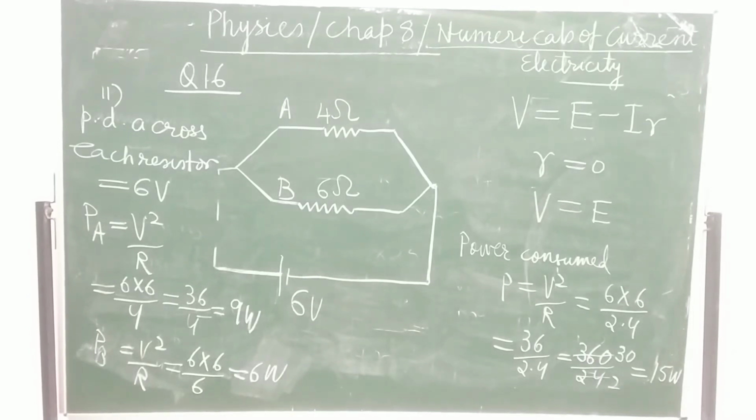Now see here, if you add this, 9 plus 6, 15, the total power comes out 15. But here the total power was asked first, so first we had to find the equivalent resistance. But if the parts of the question were reversed, what is the power consumed in A, what is the power consumed in B, and then what is the total power consumed, we can write 9 plus 6 equals 15 watt.